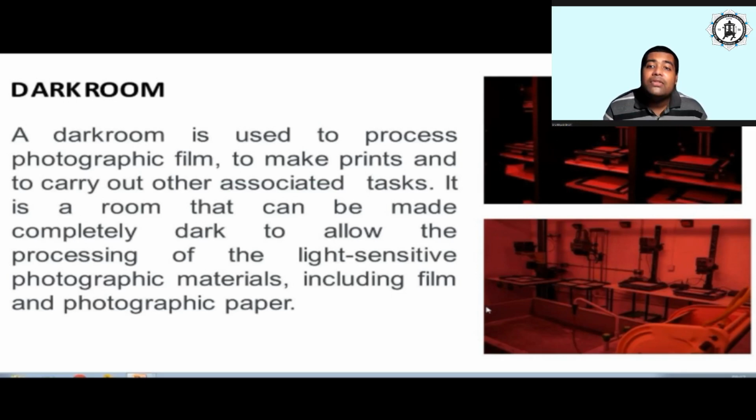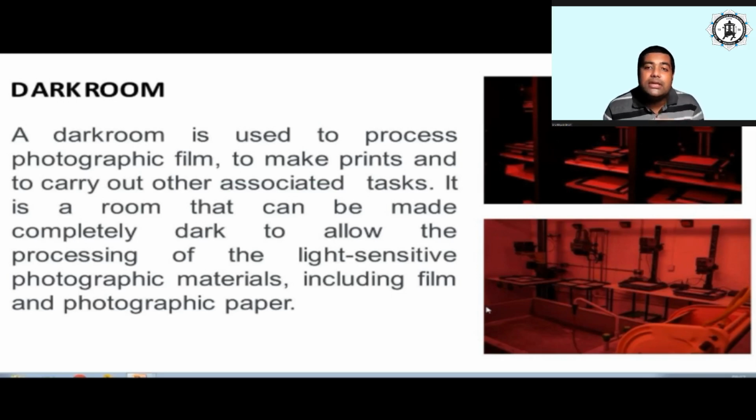So depending on the type of film you are using, for example a panchromatic film, what does pan mean? Pan means all. That means your film is light sensitive to all wavelengths of light. In that situation, you are not able to handle the film even in a dim dark room, so you have to work in complete darkness.